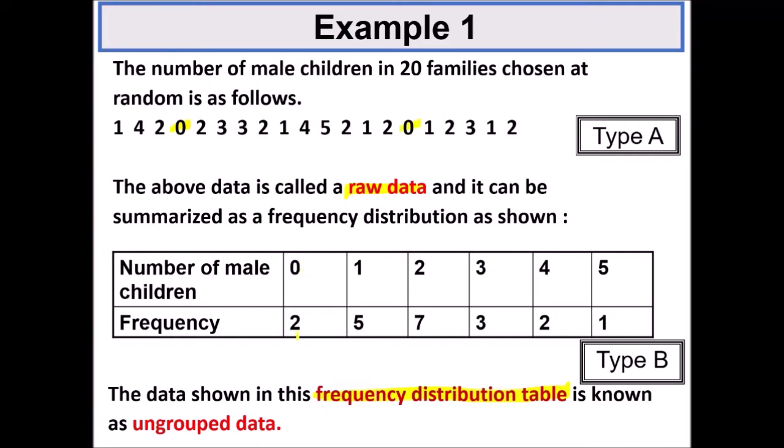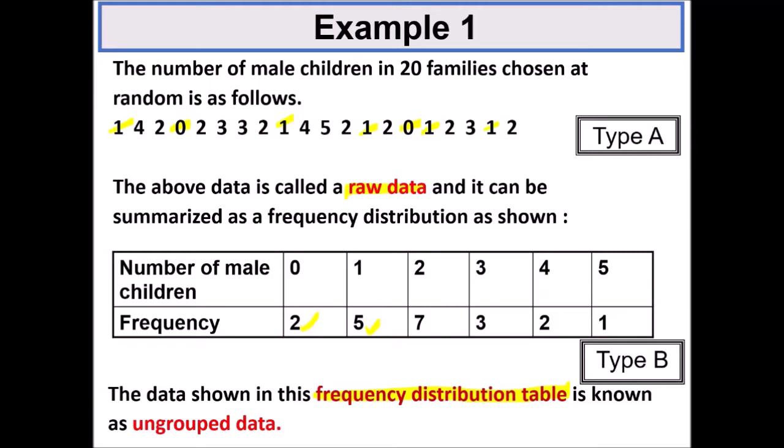That's why the frequency for 0 is equal to 2. Number 1, how many 1s are inside this raw data? 1, 2, 3, 4, 5. So the frequency for number 1 is equal to 5. Same goes for numbers 2, 3, 4 and 5.